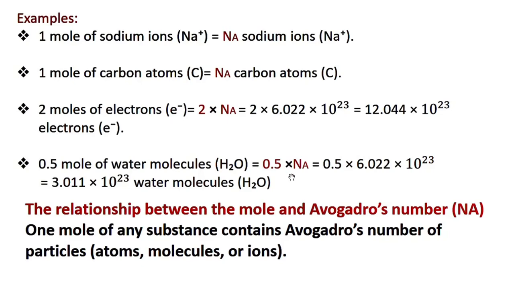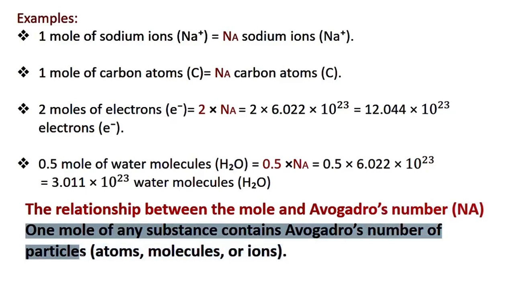As we did in the previous example, we can multiply these numbers together and leave the power of ten out, and we will get 3.011 times 10 to 23 water molecules, of course. So as a result, we conclude that 1 mole of any substance contains Avogadro's number of particles.